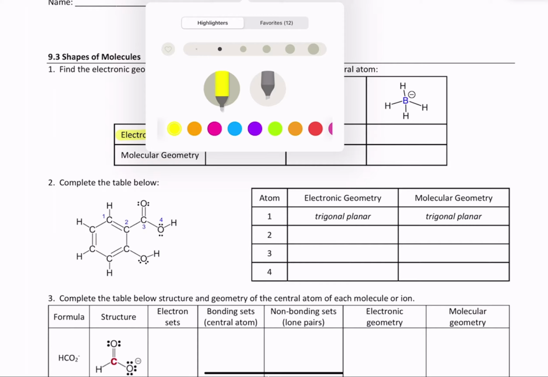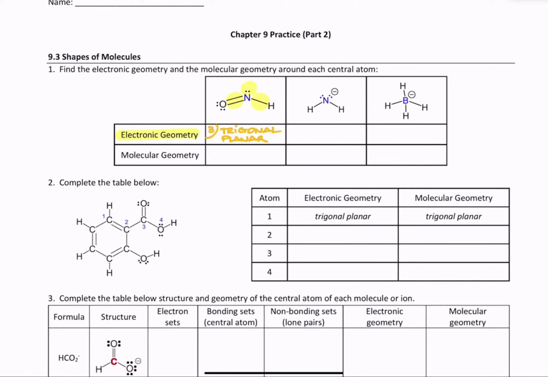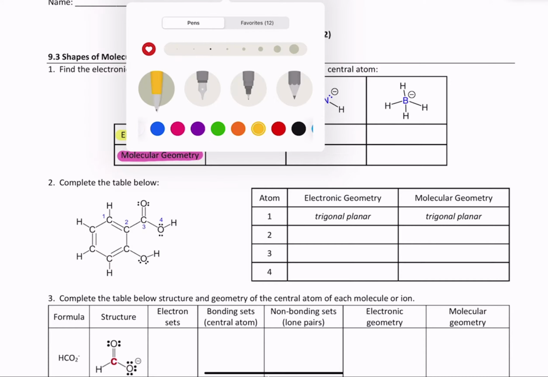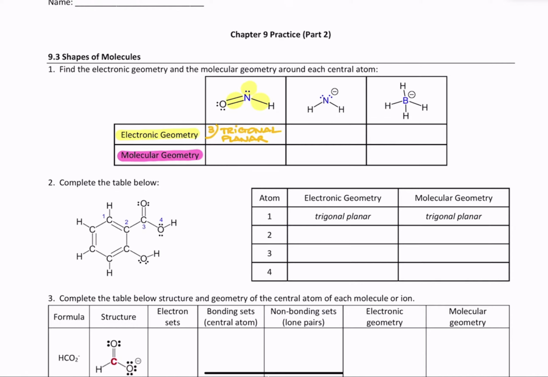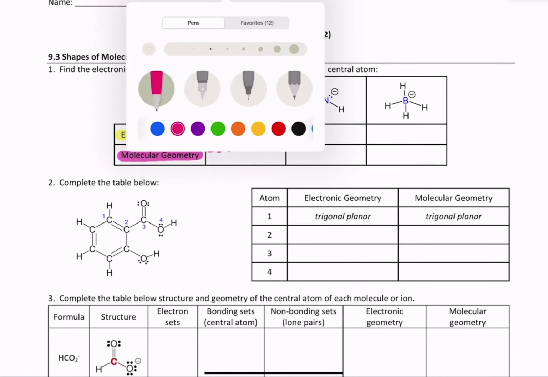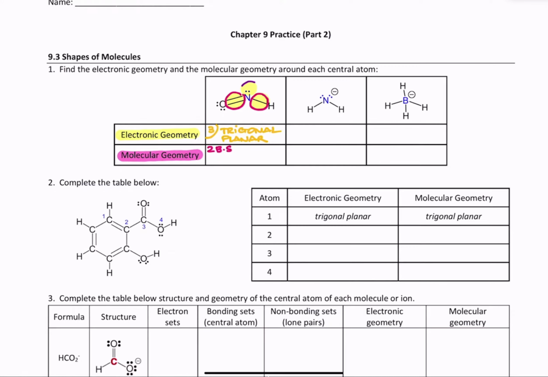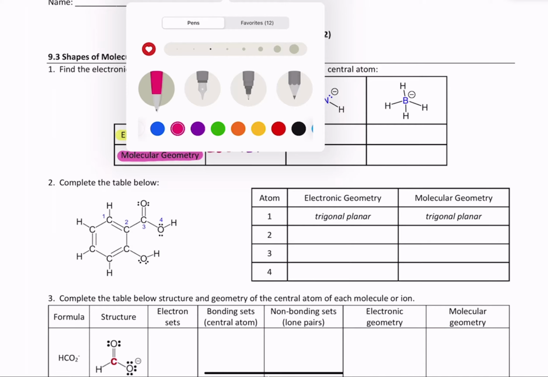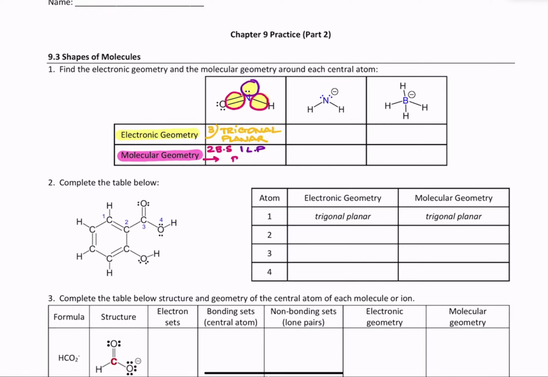Out of these 3 electron groups, in order to find the molecular geometry, I see that I have 2 bonding sets and 1 lone pair. This gives me a bent molecular geometry.